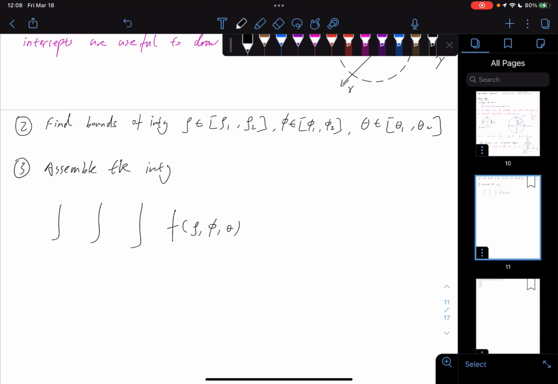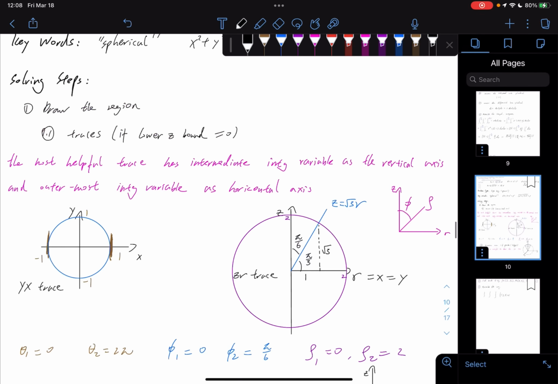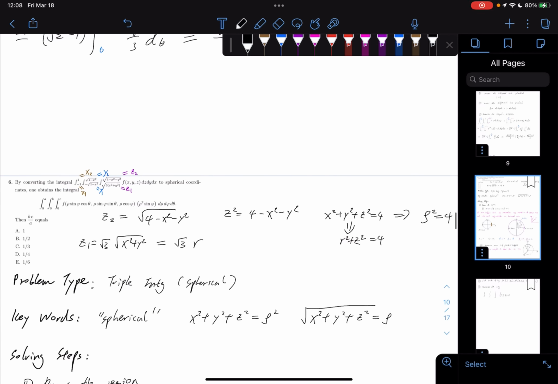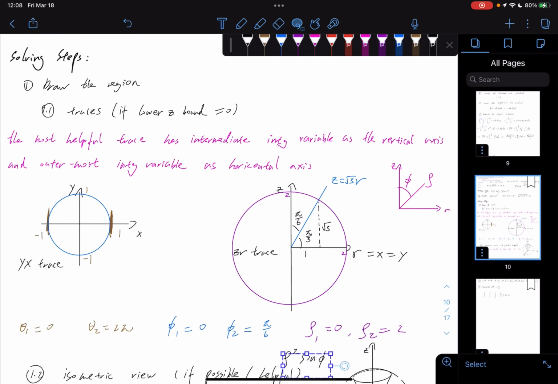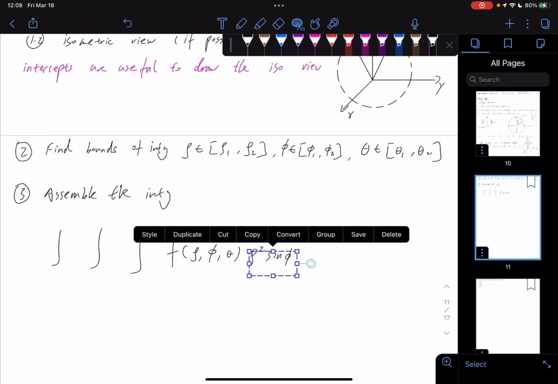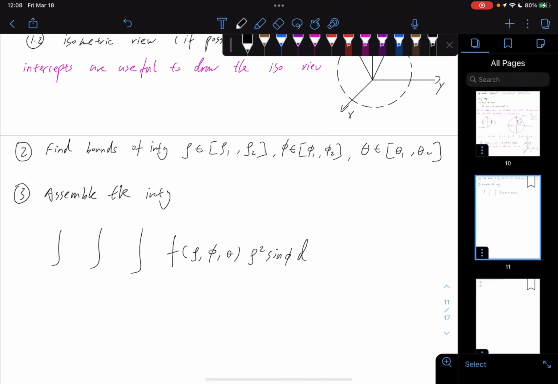And then the conversion factor is rho square sine phi, right? Move this down. d rho d phi d theta.